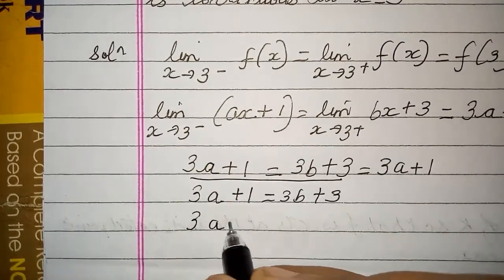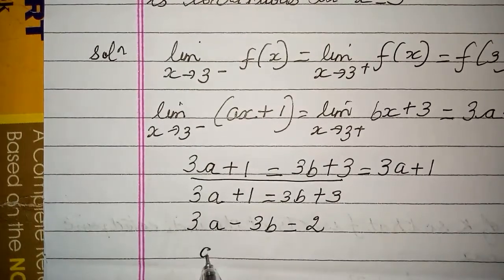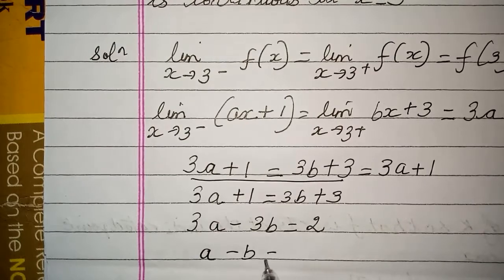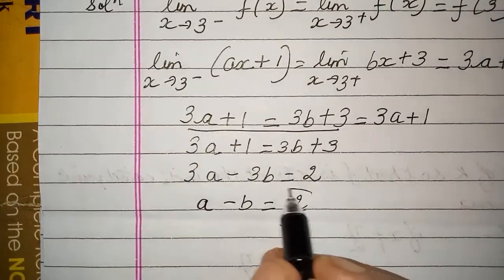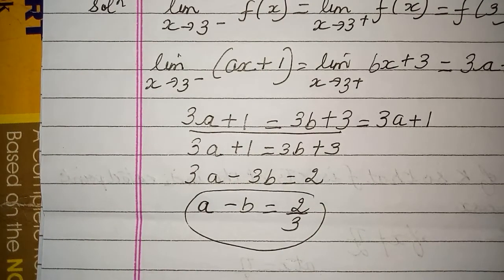So you have 3a minus 3b is equal to 2. So you have a minus b is equal to 2 by 3. So whatever choice of a and b you are making, if the difference between them is 2 by 3, then your function will be continuous. So this is the condition on a and b.